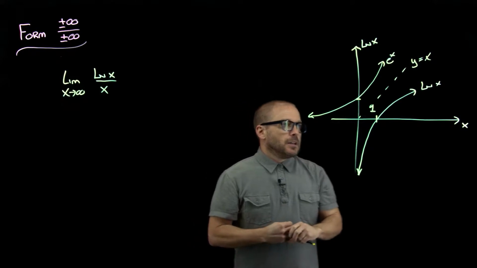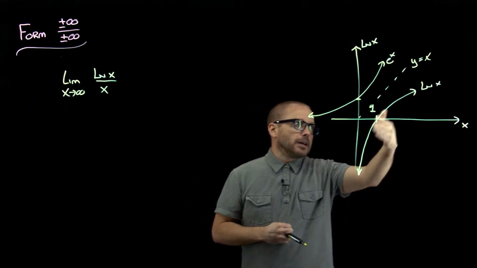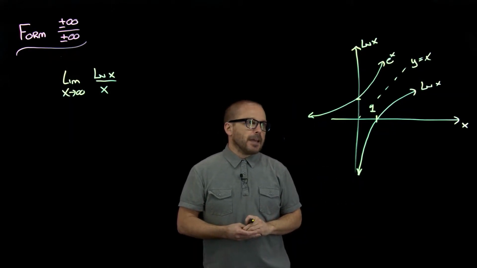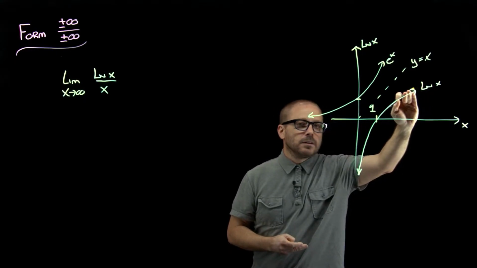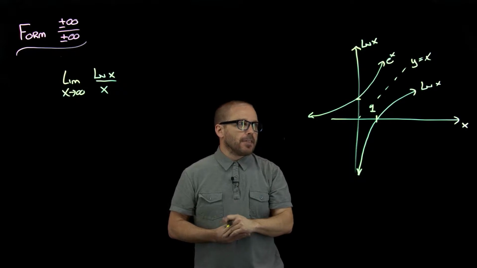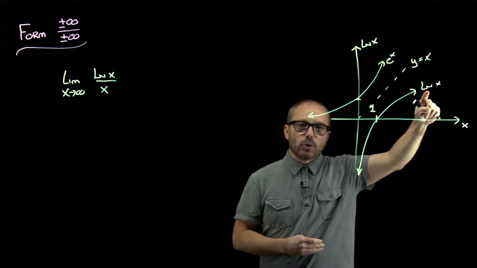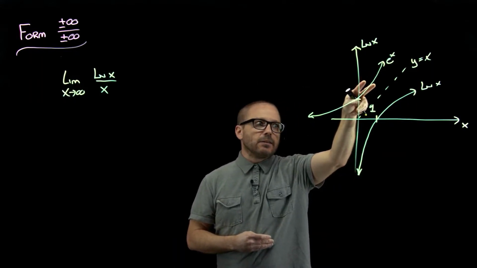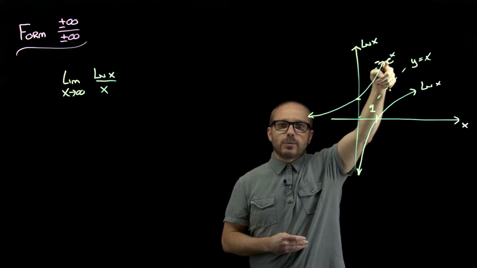Now, a common misconception is to plug natural log into a calculator or Desmos or something and think that, well, that's growing pretty slow. There must be a horizontal asymptote. Well, think about that. If there was some y value that this never went above, since it's the inverse of e to the x, that would mean on e to the x there's some x value that you're not allowed to plug into there.